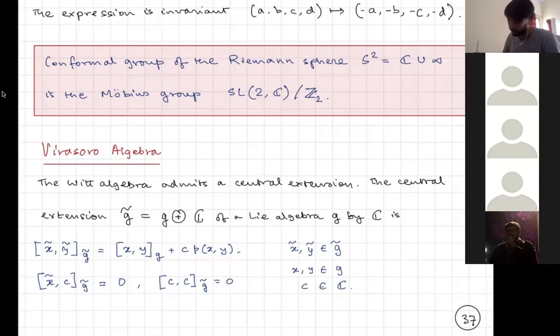We call this P. And this particular C is called a central extension.